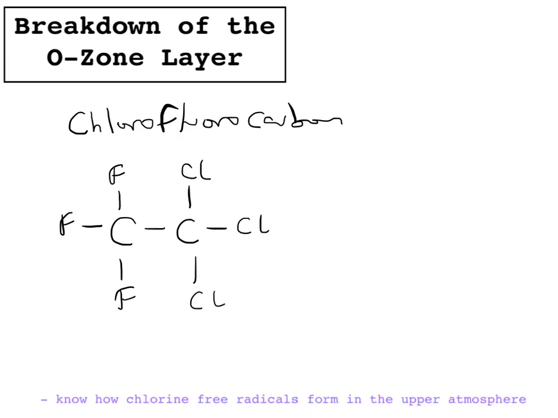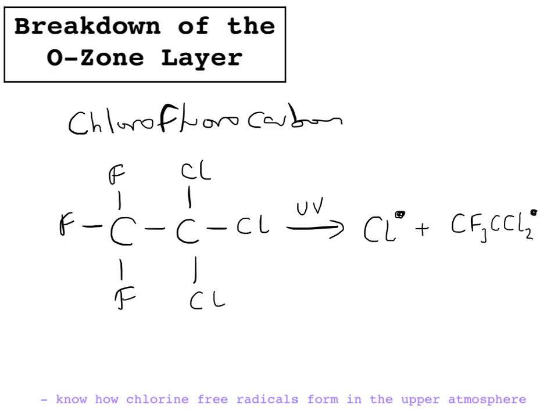So this would be 1,1,1-trichloro-2,2,2-trifluoroethane. And when UV light hits this, the carbon-chlorine bond will break, and that will have the same effect as when chlorine breaks, by creating a chlorine free radical and the following free radical, CF3CCl2 dot.